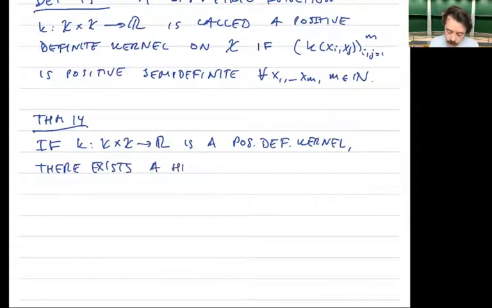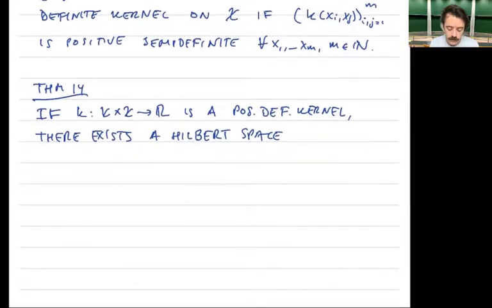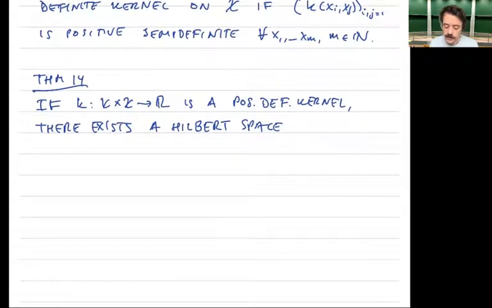I won't go into details of what a Hilbert space is, although I hope most, if not all of you know. Essentially you should think of it as a generalization of a Euclidean space that could even have infinite dimensions. That's really all that we need in terms of intuition.